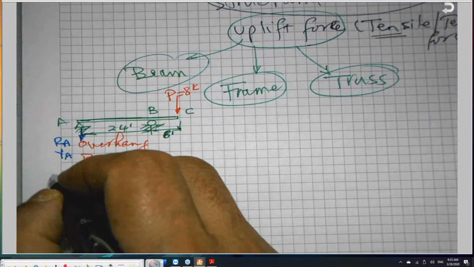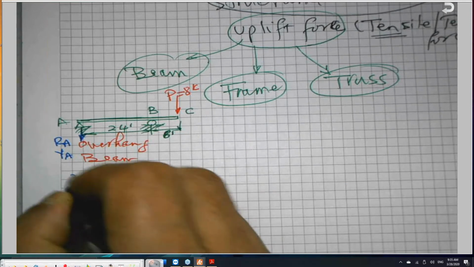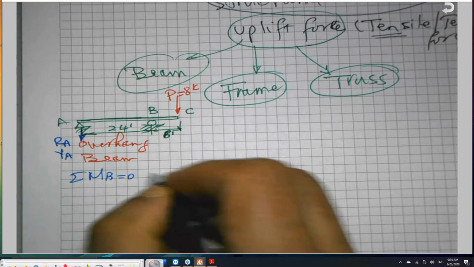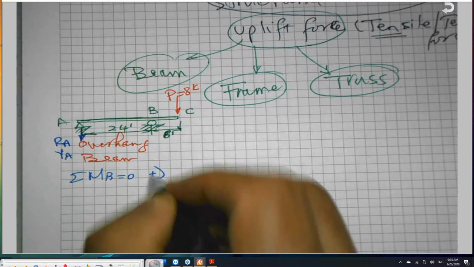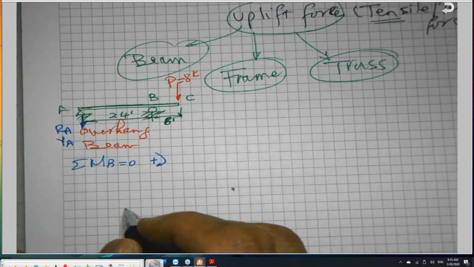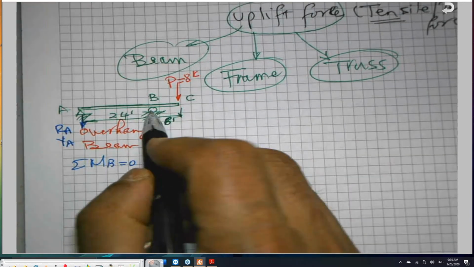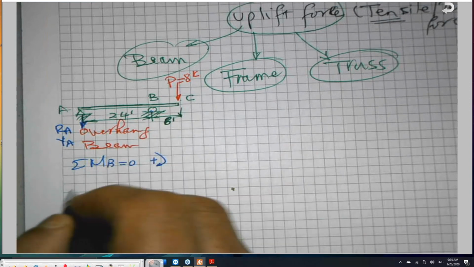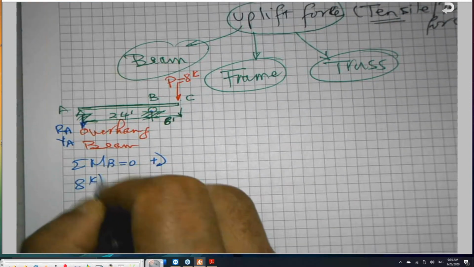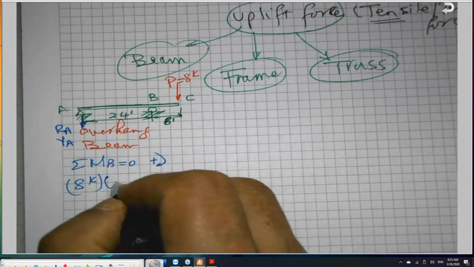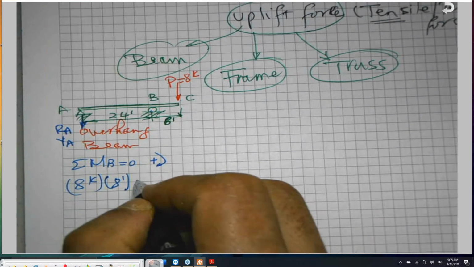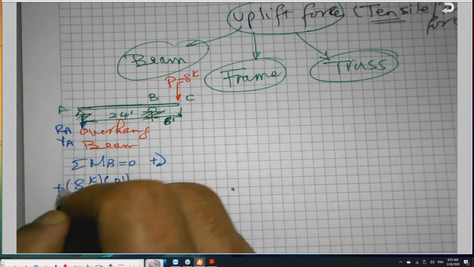Sigma moment about B equals 0, and assume clockwise is positive. You can assume clockwise or counterclockwise, but let's assume that. The moment here is 8 kips times 8 feet, and this is clockwise, so it is positive.